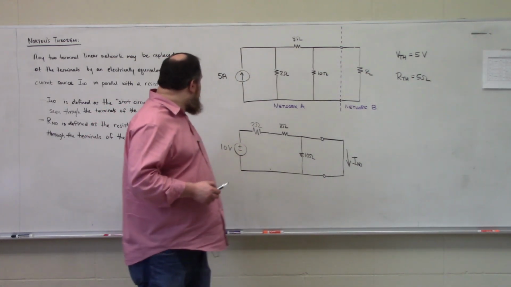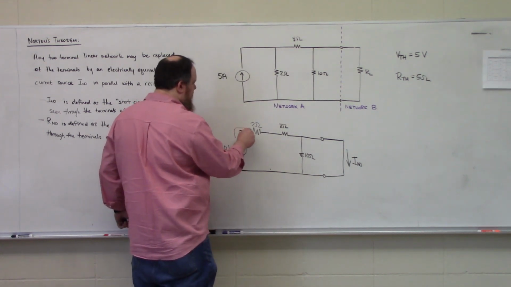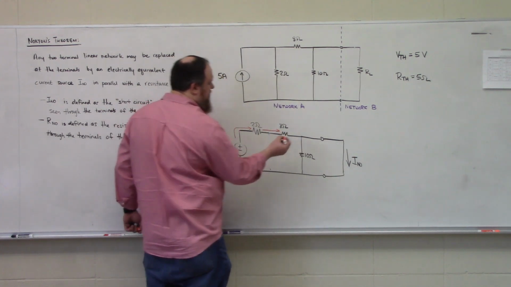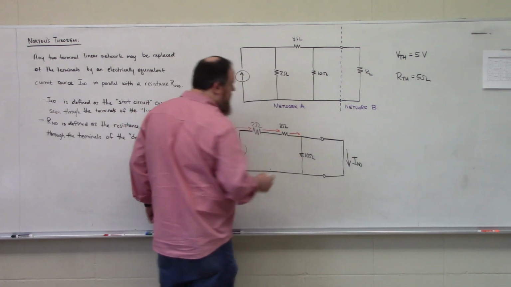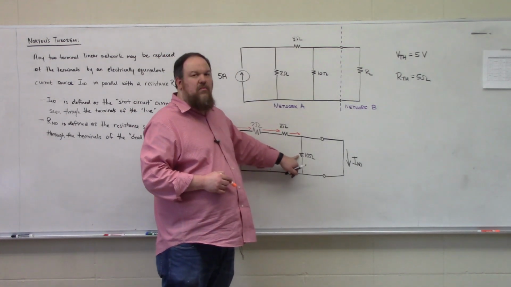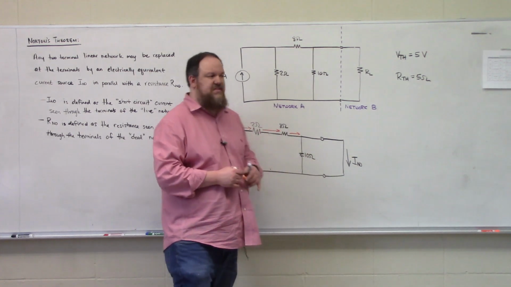So the current that's leaving this 10 volt source is going to flow through this 2 ohm resistor, flow through this 8 ohm resistor, and then come to this node. And it's going to see a path with 10 ohms of resistance and a path with 0 ohms of resistance.